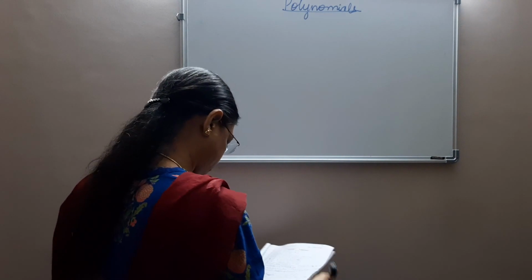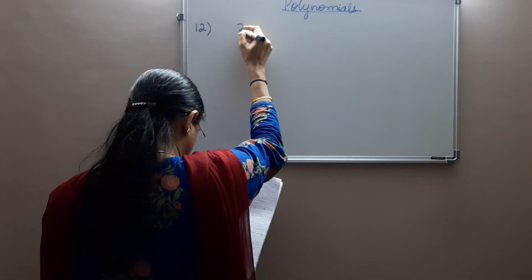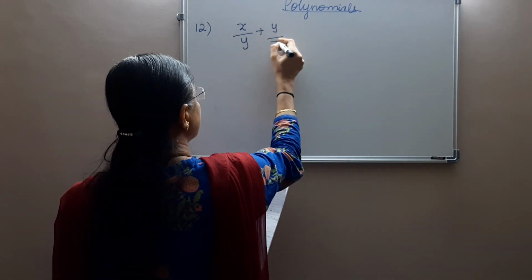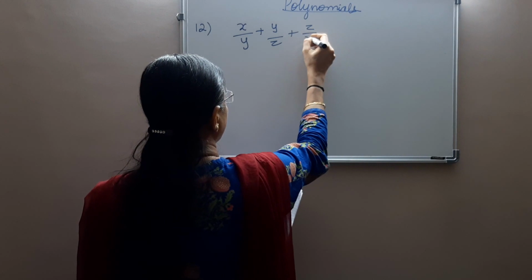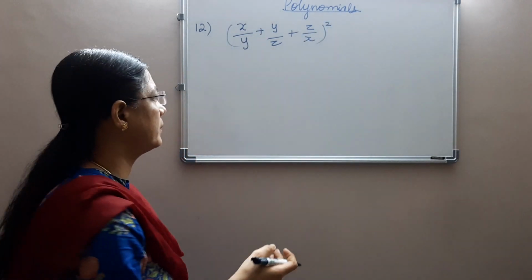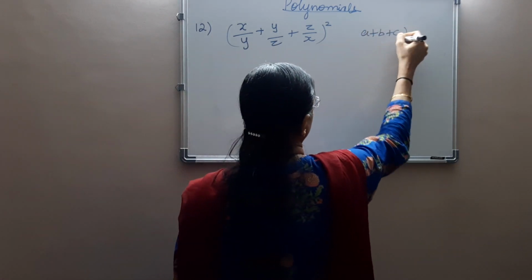Okay, the next is the 12th one, x by y plus y by z plus z by x the whole square. This is just an application problem. So you need to apply a plus b plus c the whole square identity, what we did before.